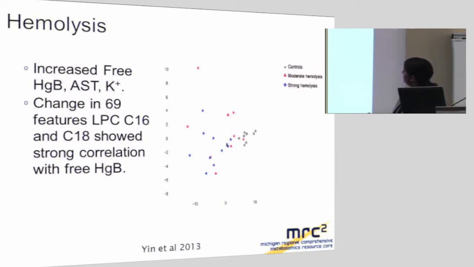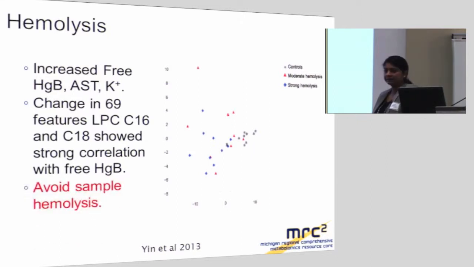You can see the different hemolysis strengths separate out differently and show a lot of inconsistency. The most consistently correlating one is lysophosphatidyl, which goes along with the free hemoglobin in the plasma. Therefore, the best thing would be to avoid sample hemolysis or at least eliminate those samples with hemolysis from our analysis.